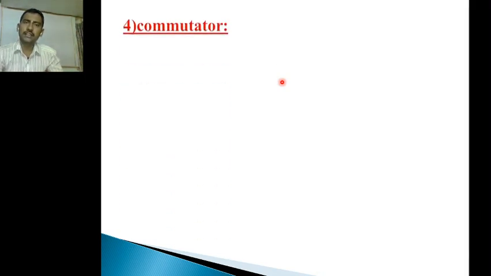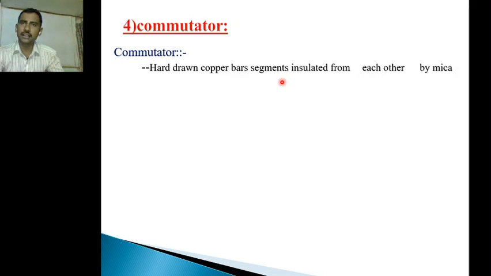That arrangement is nothing but the commutator arrangement, and from the commutator we collect our DC voltage through the brushes. In this manner, we can generate the voltage and collect the voltage. Up to now we generate EMF that is AC, but our requirement is DC EMF. To convert AC EMF into DC EMF, we provide one arrangement, which is the commutator. So what is the function of the commutator?